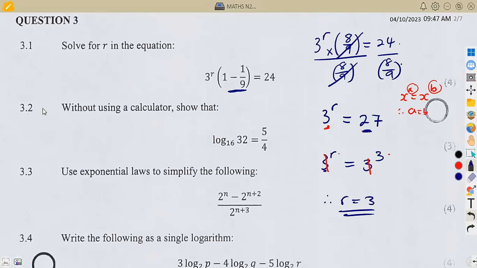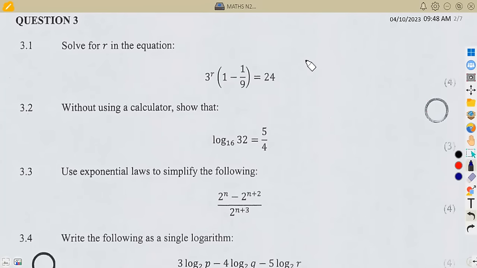On question 3.2, without using a calculator, show that the logarithm of 32 in base 16 is equal to 5/4. So how can we show that these two are actually the same?